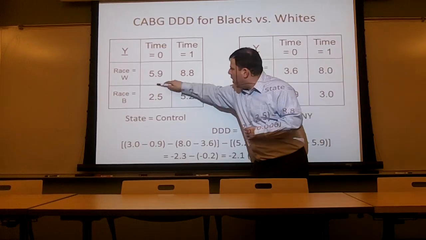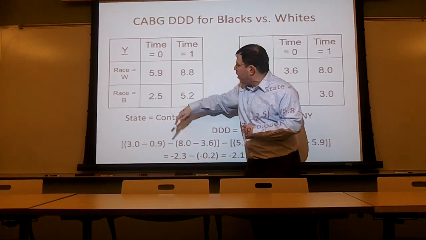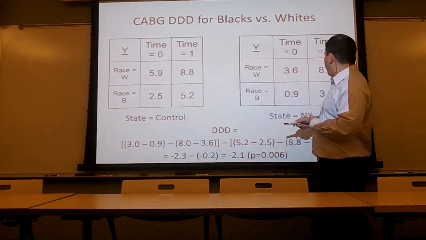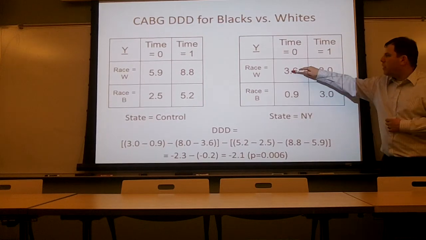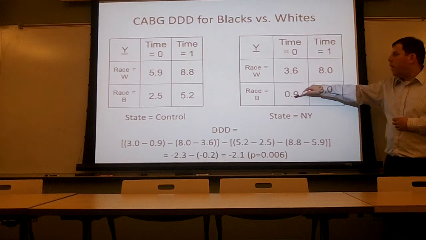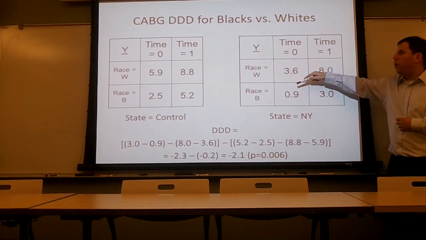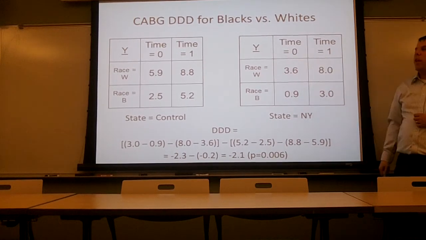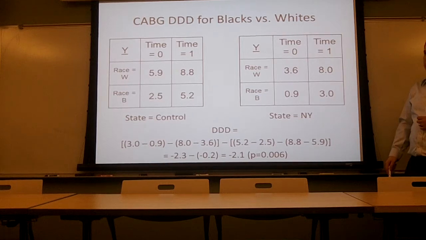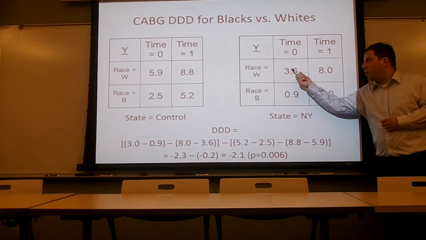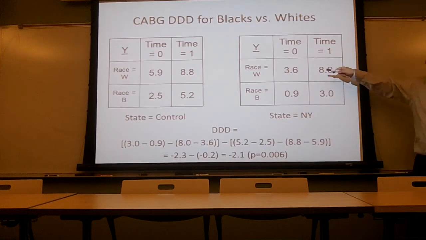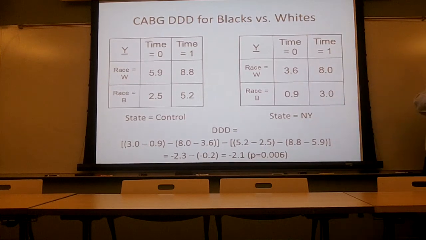Here they are relative to the white group 3.4 percentage points off, and here only 2.5 percentage points off. So blacks are, in an absolute sense, better off relative to whites in New York than relative to whites in the control states, even though they have a lower actual rate, because we're comparing differences, not levels.